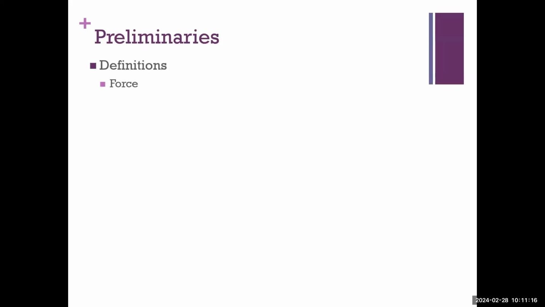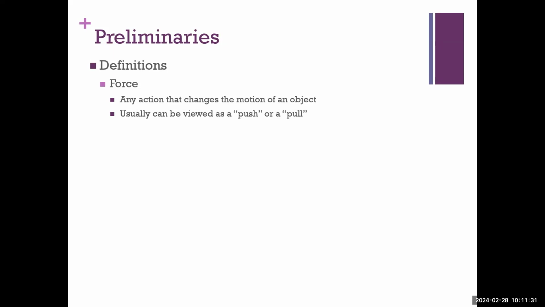Most of what we're going to do is based around calculating work, and so basically we're building up to that. In order to talk about work in a physical setting, the first thing we have to talk about is what a force is. Force is a very generic term for any action that influences the motion of an object.